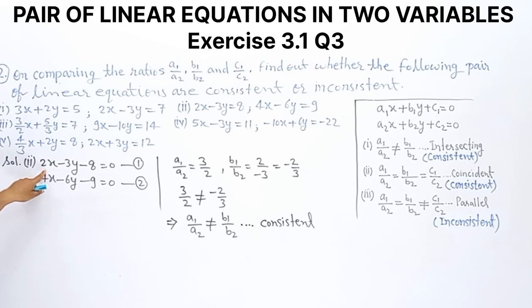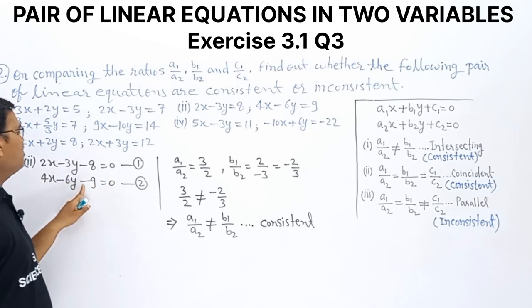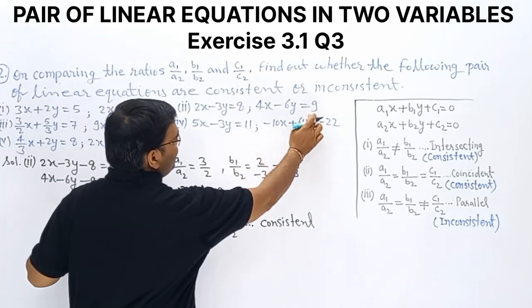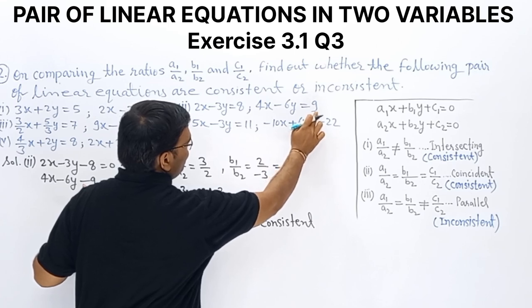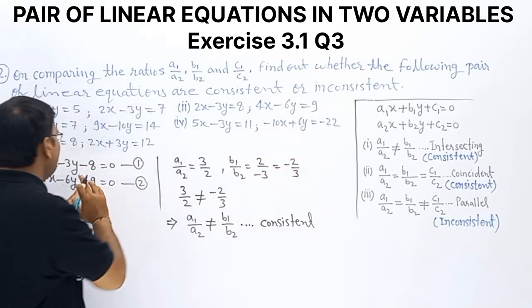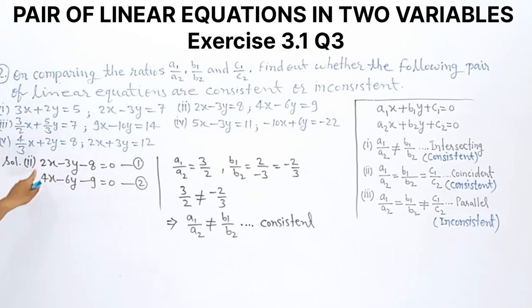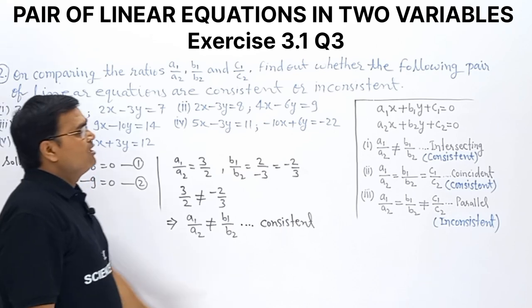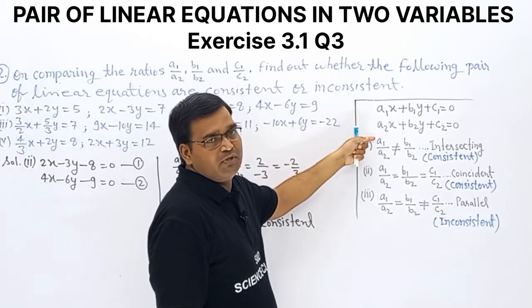First one is 2x minus 3y minus 8 equal to 0. Second one will be 4x minus 6y minus 9 equal to 0. How is this one coming? Minus 9. Once we transpose this from the right to left, the sign will be changed and we will write like this. Now we will compare these equations with the general linear equations.